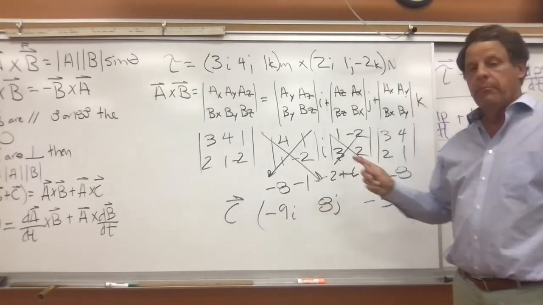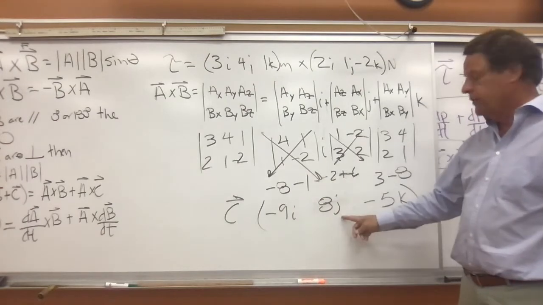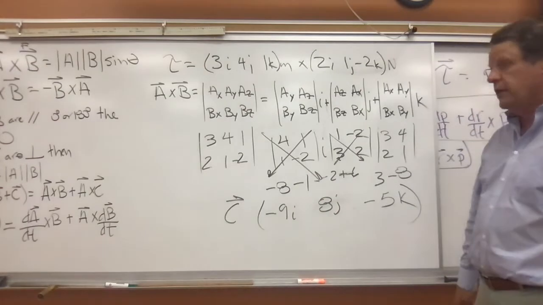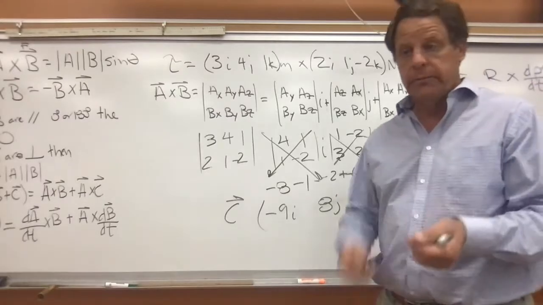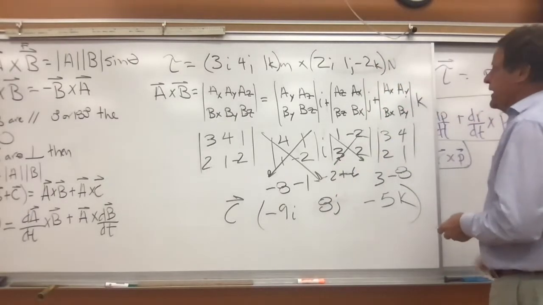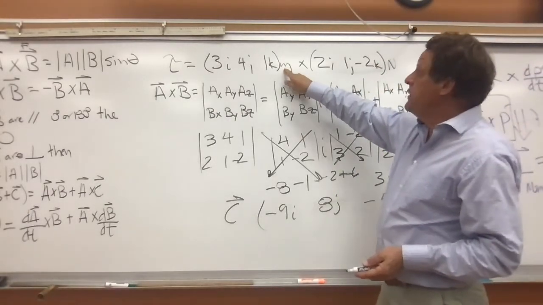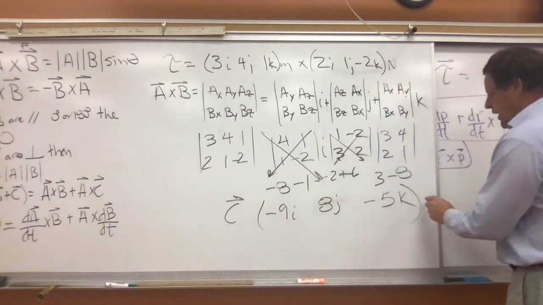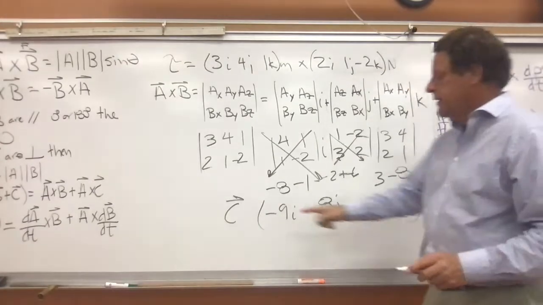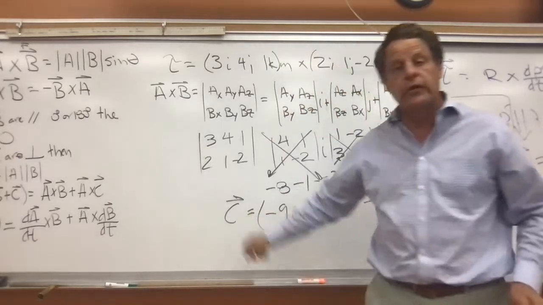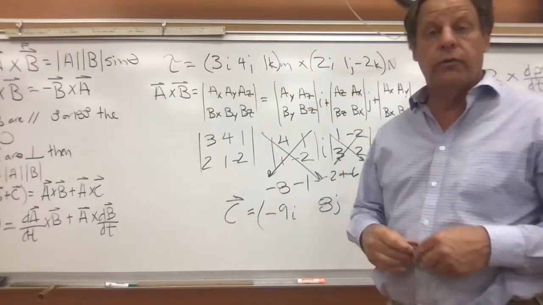So we'd go minus 9i, positive 8j, negative 5k, and we'd end up with a 3-dimensional vector. If this was in fact meters and newtons, then we would have the units here, and this vector C would be a value for a torque.